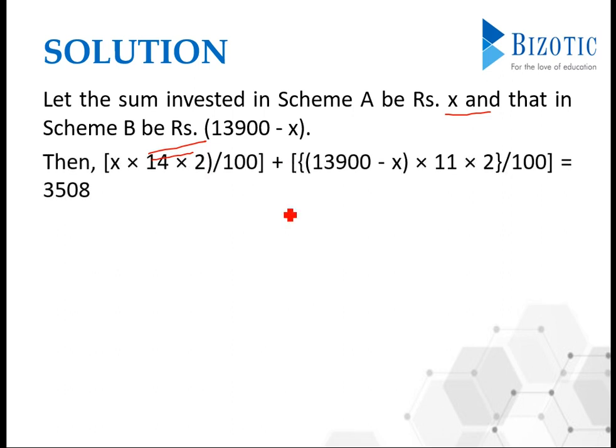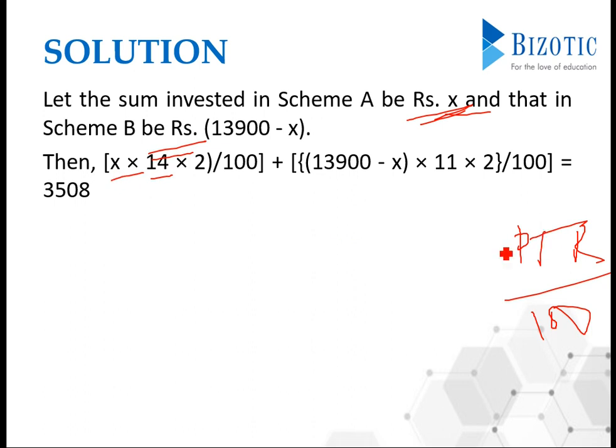So let's continue. So then after substitution, what we will get? X into 14 into 2. What is this X? X is the amount which is being invested. What I'm doing here is just substituting the given parameters into simple interest formula, which is PTR divided by 100. So now you can relate to this.